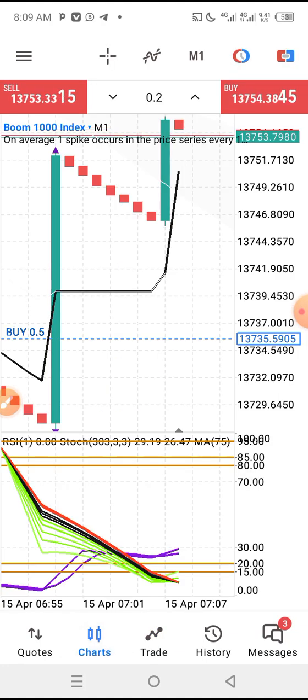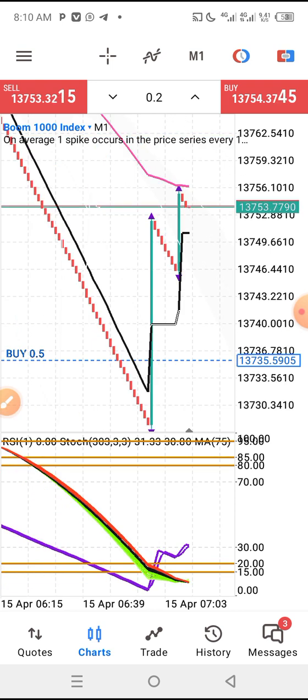All right, so you see, under 1 minute, why is it doing this? Can you see now there's another spike that will still happen, because of this crossover between this ribbon and this moving convergence here. A spike needs to happen so that this blue ribbon will hit 80.